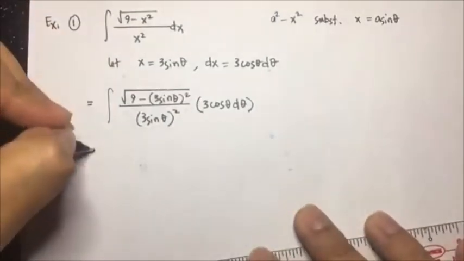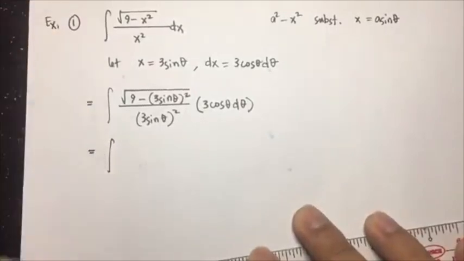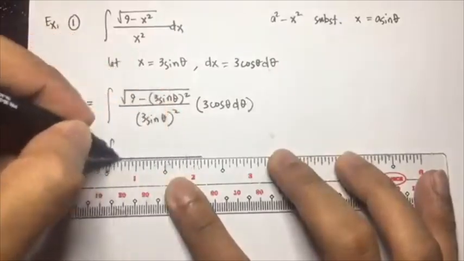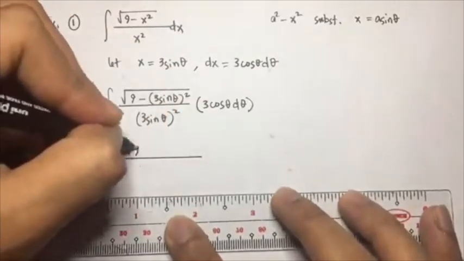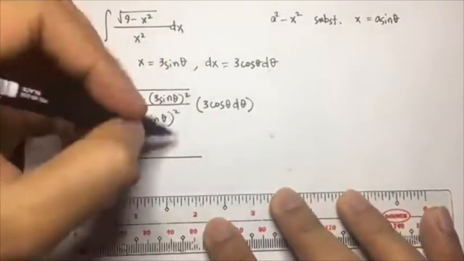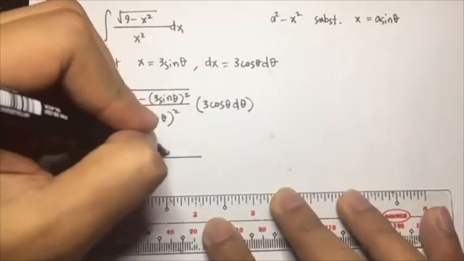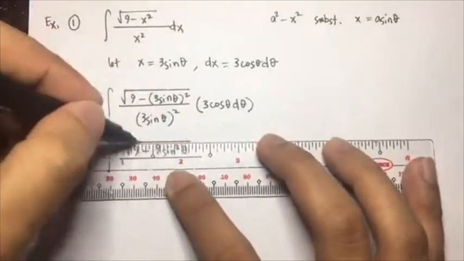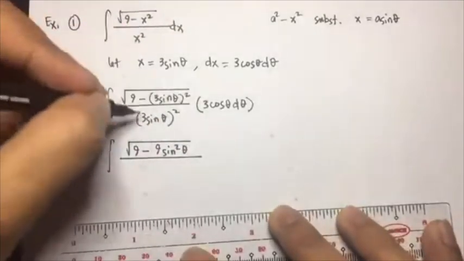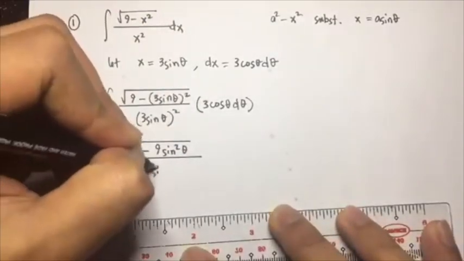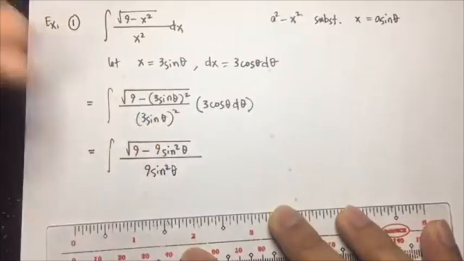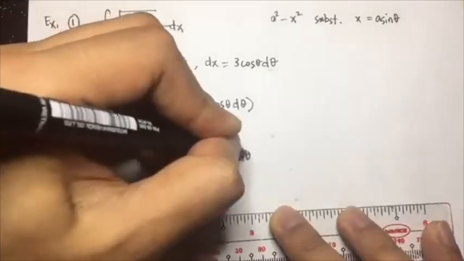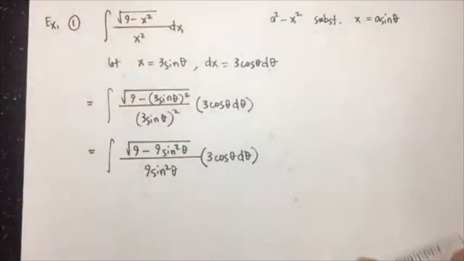Simplifying our integrand, this will become the square root of 9 minus 9 sine squared theta over 9 sine squared theta, times 3 cosine theta d theta.